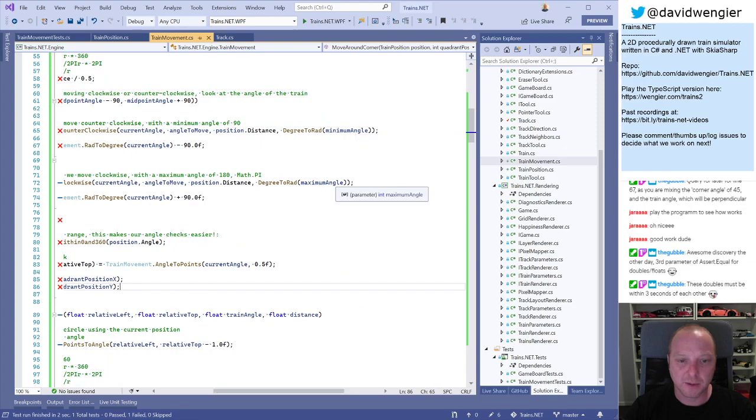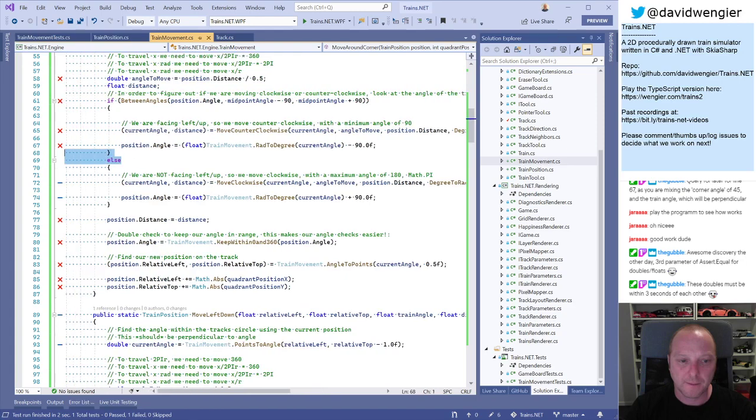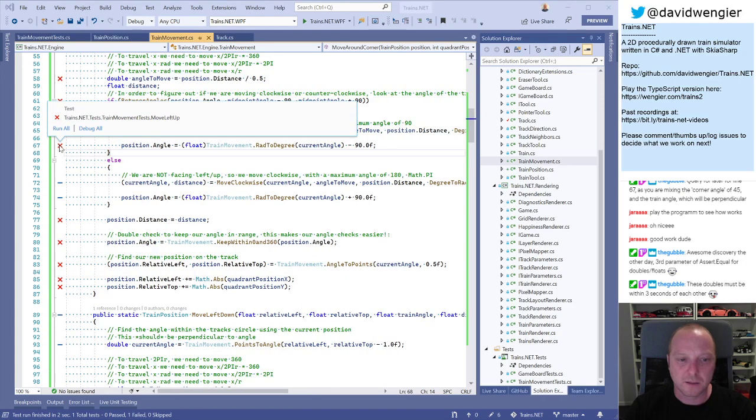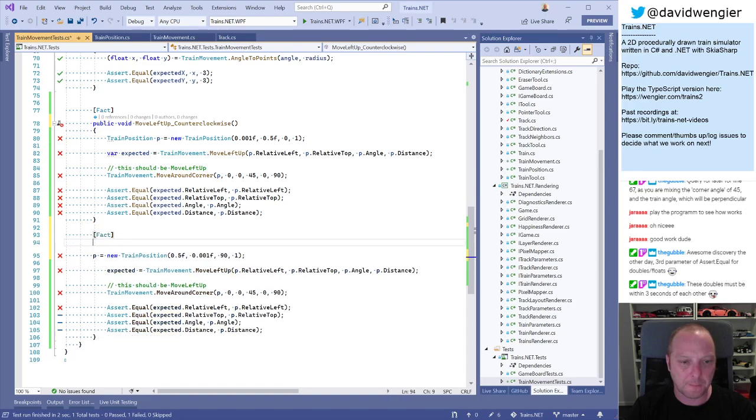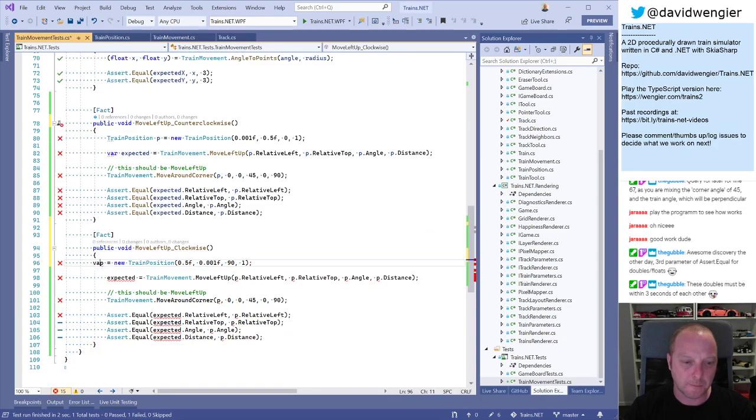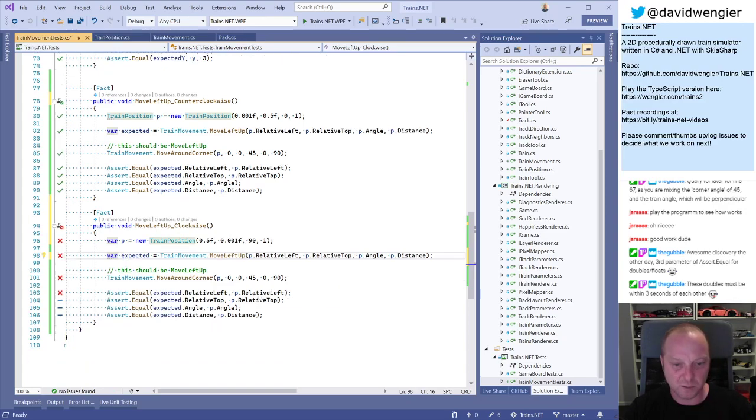No, that's right. Maximum angle, minimum angle. This is covered by one test. Alright, let me make it 2 tests. 2 tests was better. Counterclockwise. Okay. So that one fails. Okay, so that one passes. Okay, cool. So this one fails.